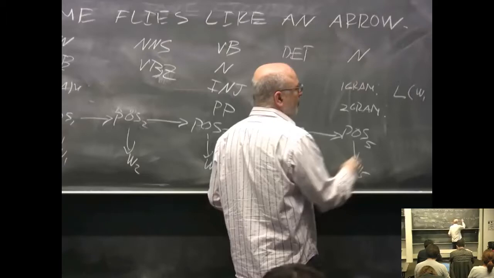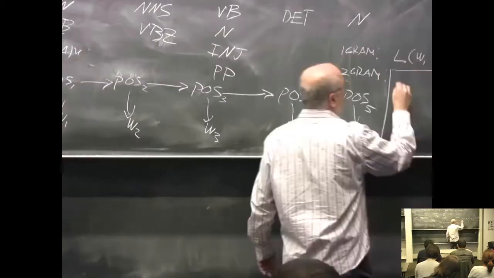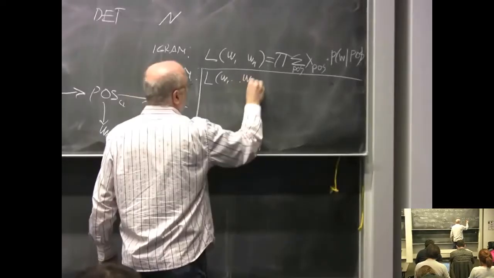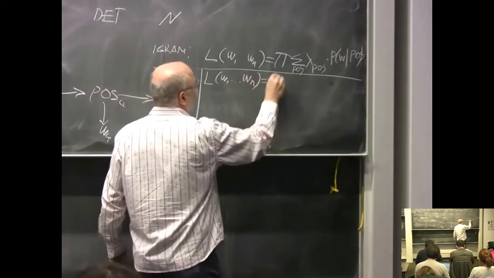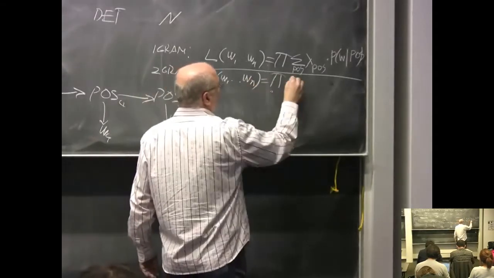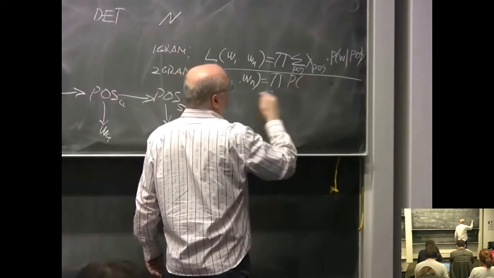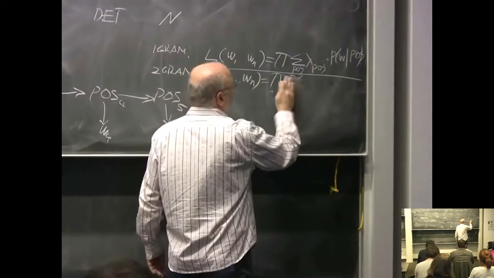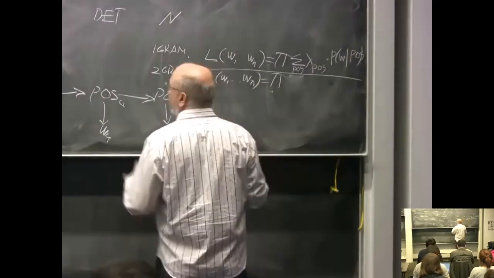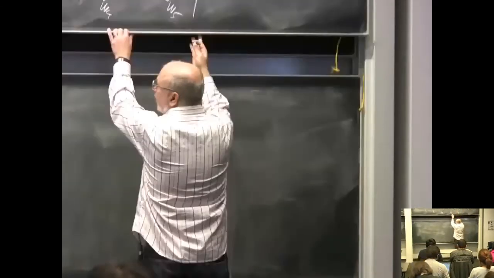And the likelihood here is going to be a little more complicated. It's going to be the likelihood of word 1 through word n is the product over i of the likelihood of a particular word, likelihood of a particular combination. Okay, so let me write it out big. What is observable here?